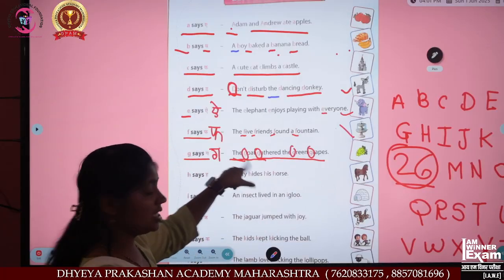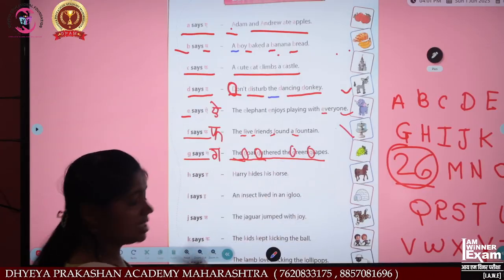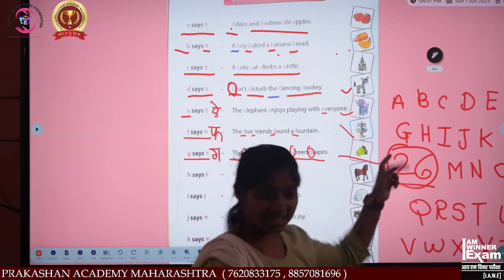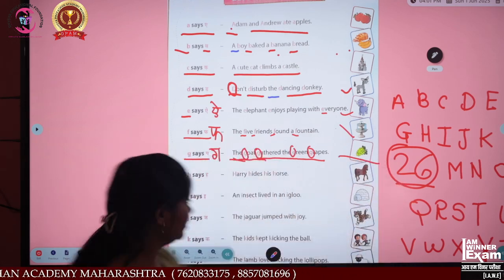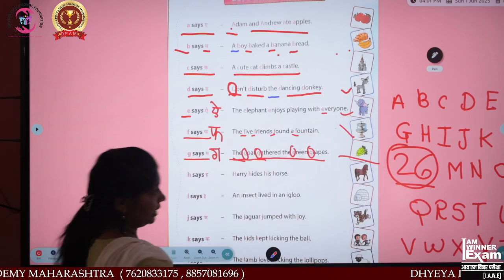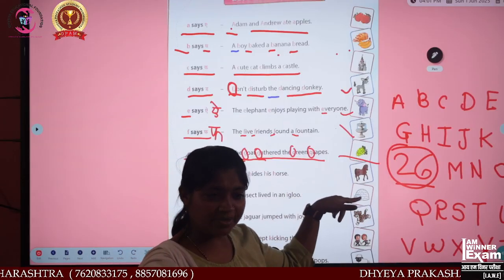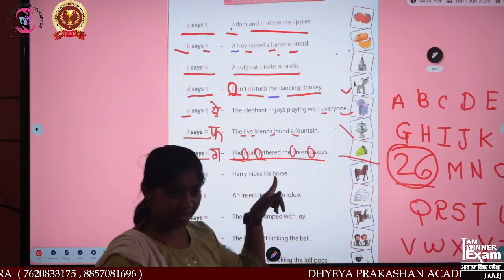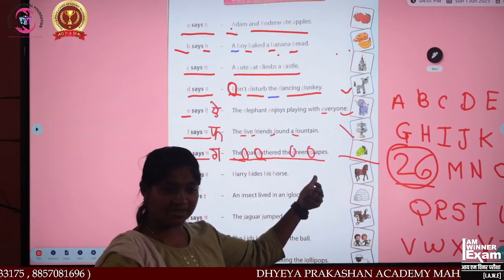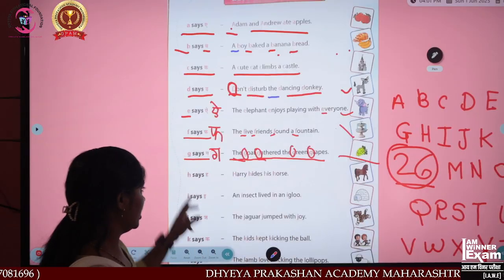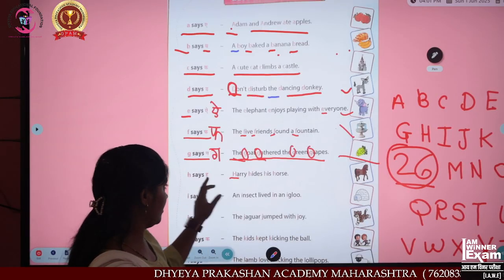G says G. This picture is grapes. Goat gathered green grapes.